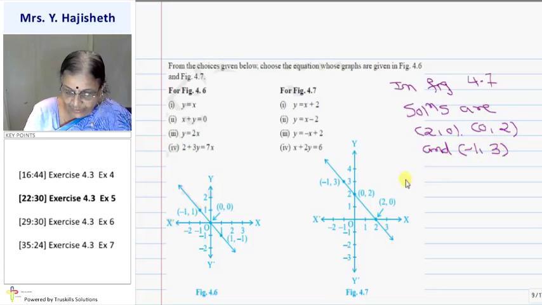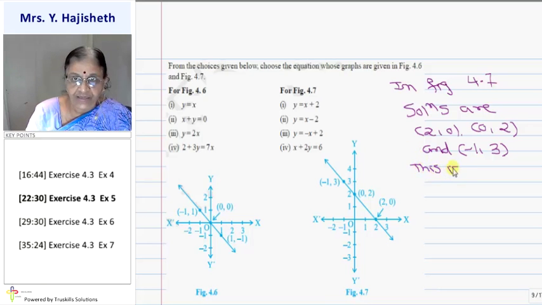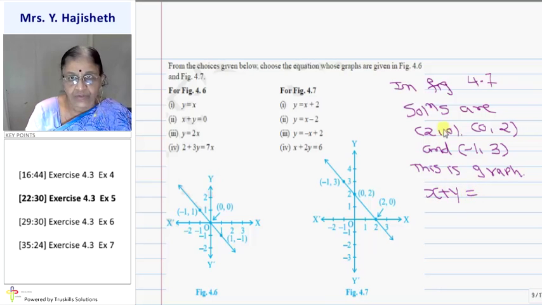And this is the graph of x plus y is 2, because if I add x and y, suppose 2 plus 0 is 2, 0 plus 2 is 2, and minus 1 plus 3 is also 2. So it is a graph of x plus y is 2. That means it is a graph of y is minus x plus 2.